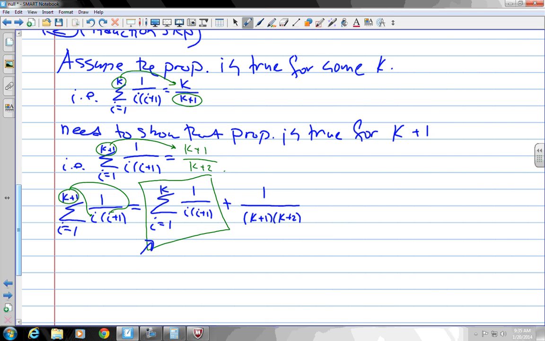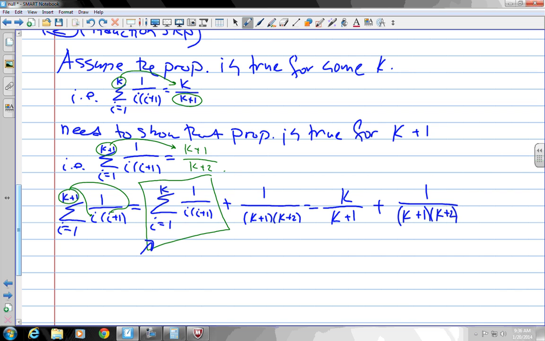There's the assumption, right? But this is true. So this whole thing becomes k over k plus 1 plus 1 over k plus 1, k plus 2. Is that all right?